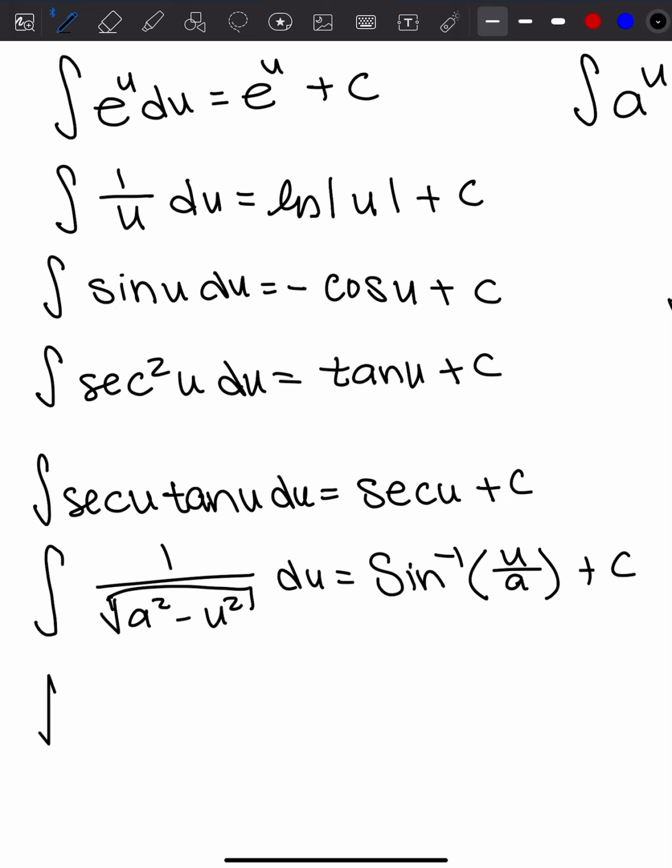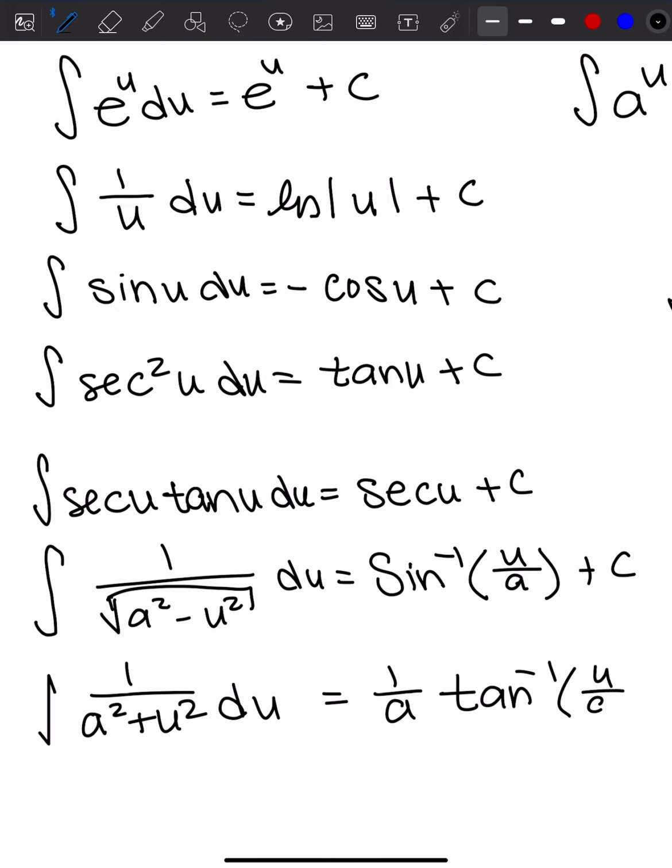If we have 1 over a squared plus u squared, or u squared plus a squared, so some number squared plus our x value squared, this is tangent inverse. But we have 1 over a times tangent inverse of u over a plus c.